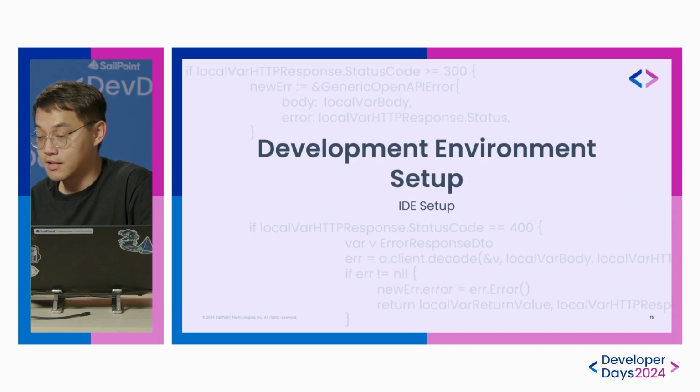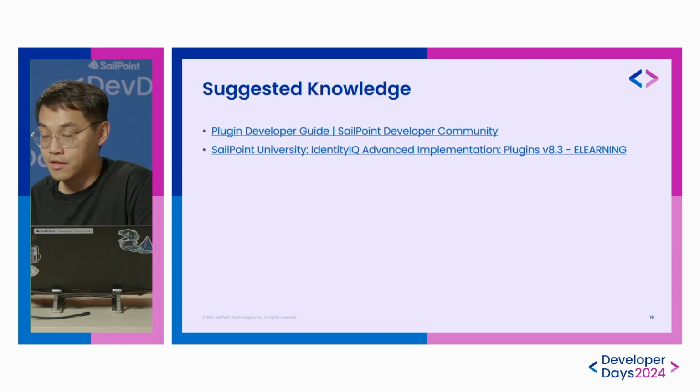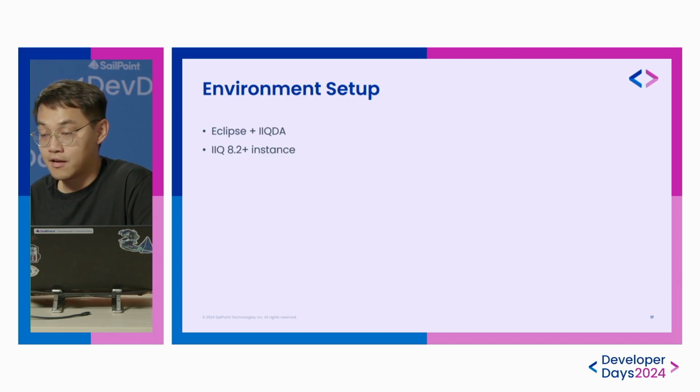Next we come to the IDE setup. For those who don't have any experience in plugin development, I recommend these two online resources that you can reference offline after the session. For the development setup, I'm using Eclipse and the IQDA plugin. Of course, you can use any other IDE by your own preference.